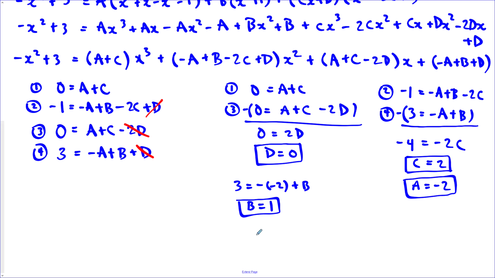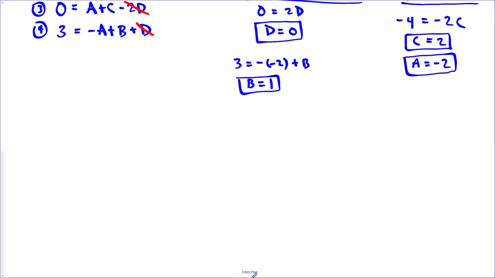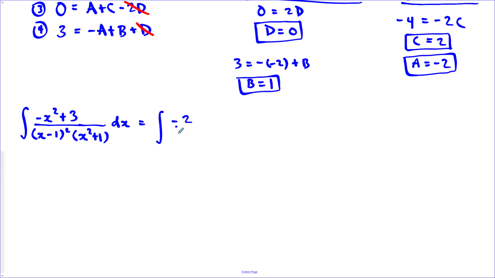Now we can put all of this together and write our partial fractions. So our integral was -x² plus 3 over (x minus 1) squared times (x² plus 1). And we can break it up now into, let's see, first it was a, -2 over x minus 1. And the order matters. So if you forget, just look up there how we had these written.